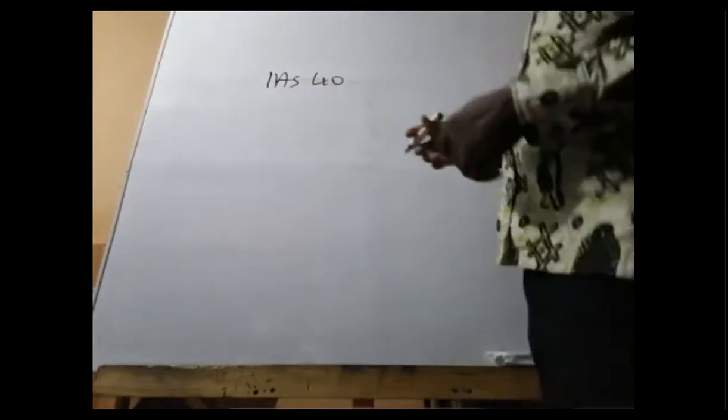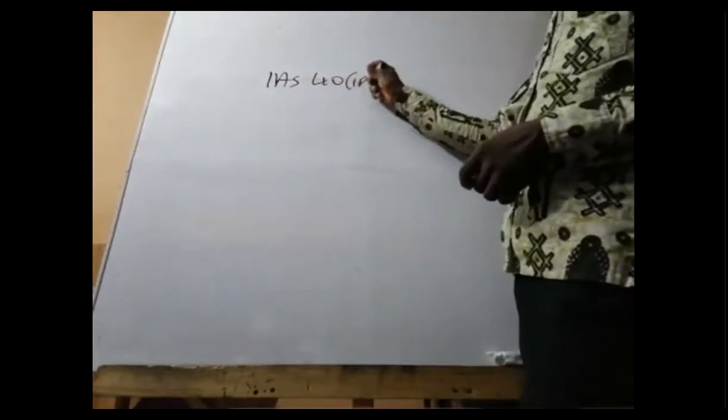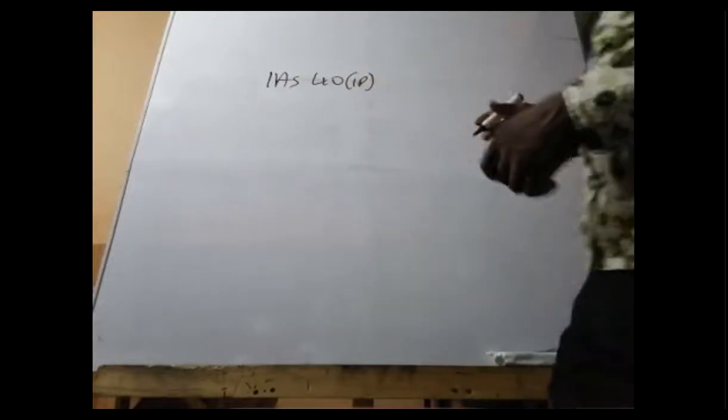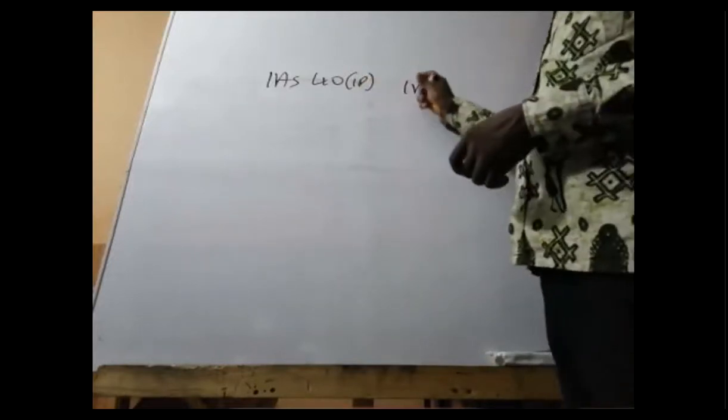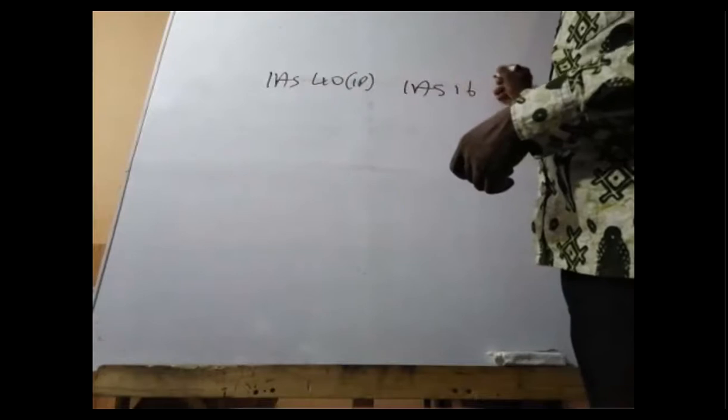Okay. So I write here IAS 40, IP. Then I'll write here IAS 16, PP.